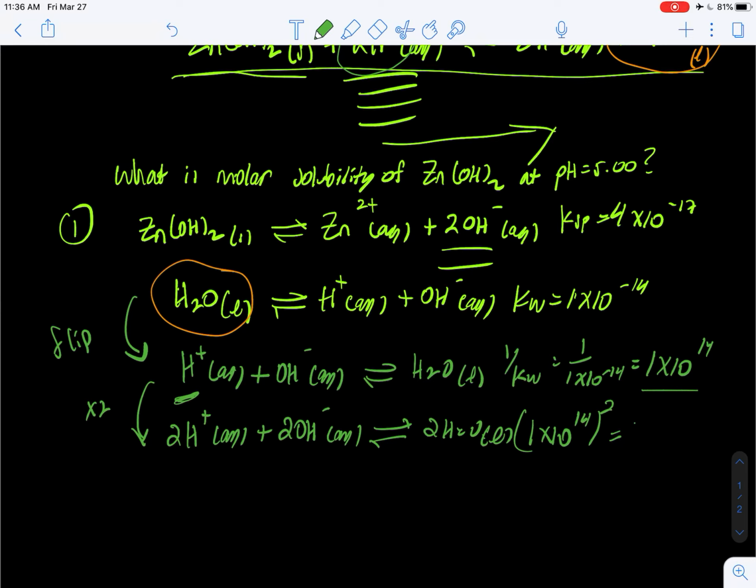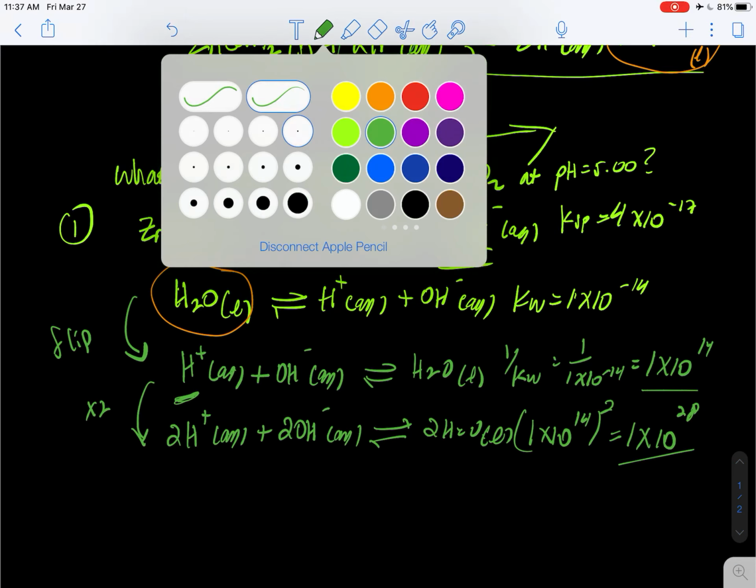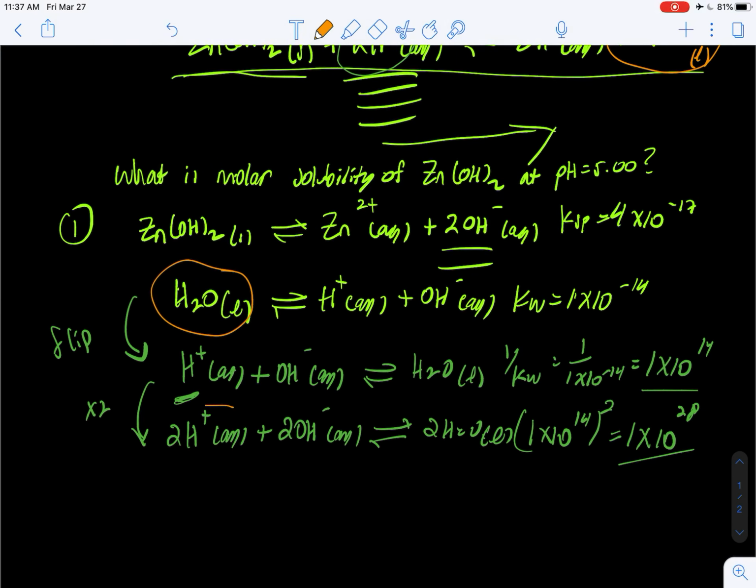And we can also do this easily in our head by taking 14 times 2, and we get 1 times 10 to the 28th. Okay? Now what we want to do is take this chemical equation right here, and add it to this chemical equation right here.